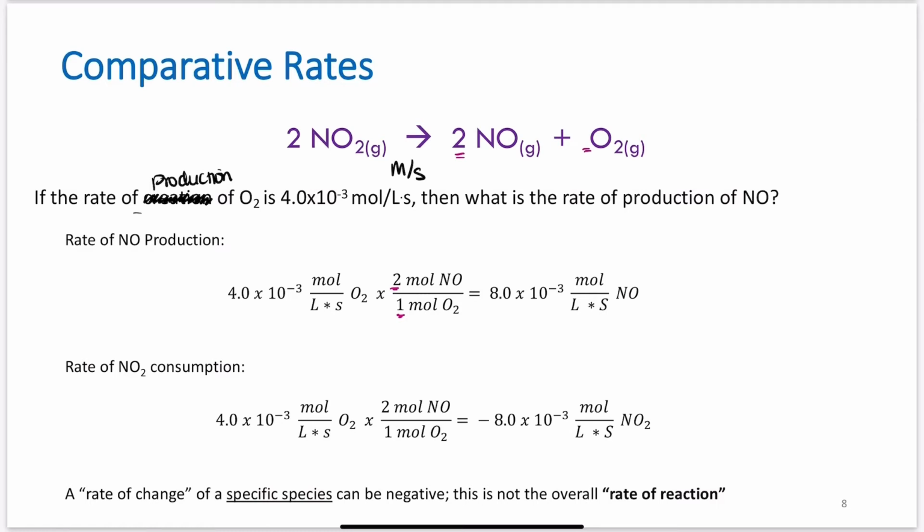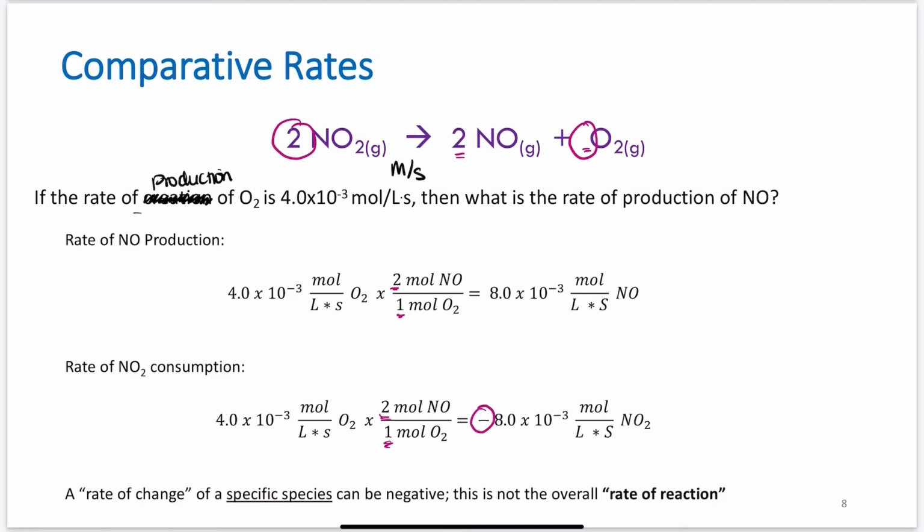What about the rate of NO2 consumption? If I'm producing 4 times 10 negative third molar per second of O2, same thing, I use my balanced equation, my 2 moles of NO2 that are reacting to produce my 1 mole of O2, my 2-to-1 ratio here. But note, there's a negative sign in front here. Negative because it's being consumed.